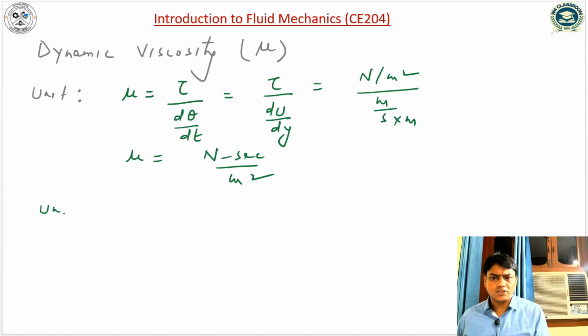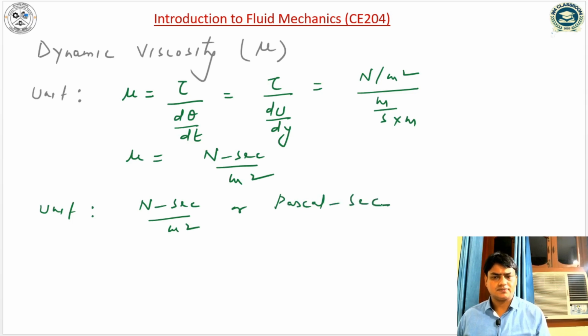So what is the unit? The unit of dynamic viscosity is Newton second per meter square or Pascal second.